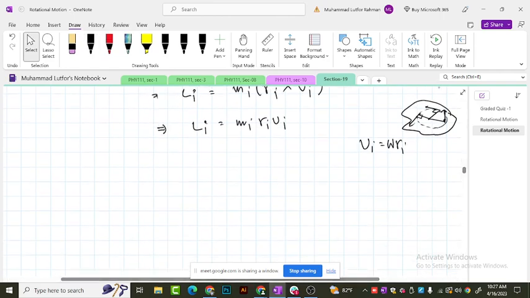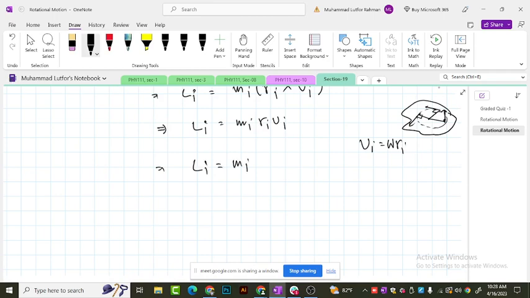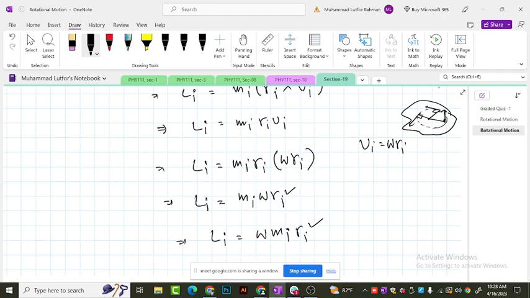Then I replace vi with omega ri, so Li is going to be mi omega ri square. Or if you rearrange, omega into mi into ri square, which is the angular momentum for this point mass.